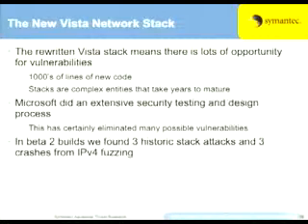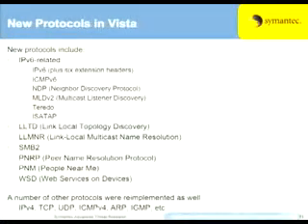And in fact, in a beta 2 build, we did find three historic well-known stack attacks, like the land attack, and 3 crashes just from simple IPv4 fuzzing. So you make your own judgments on that. This is in beta 2.